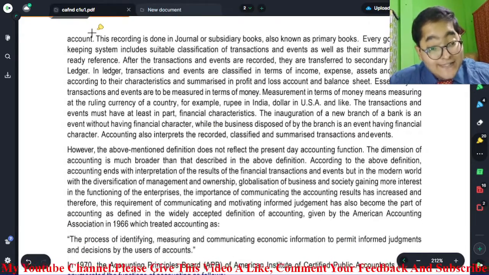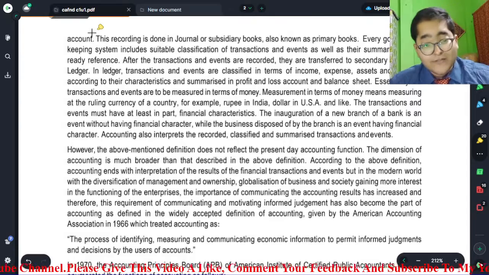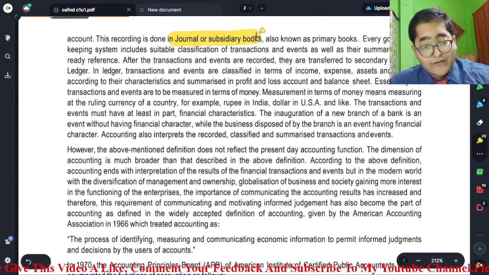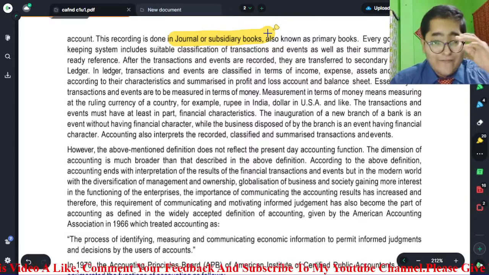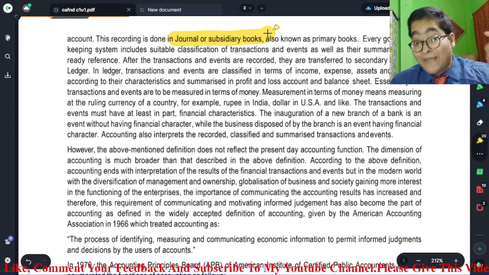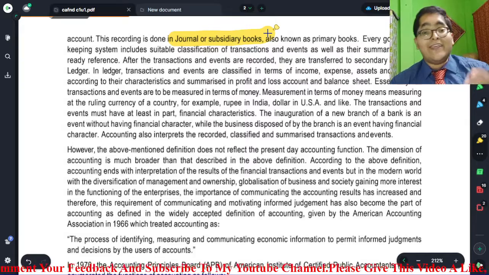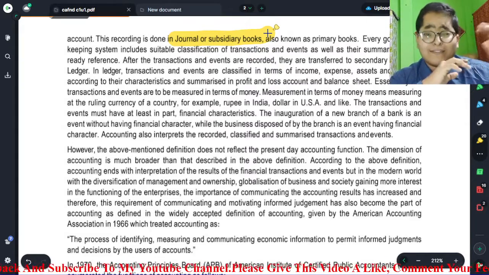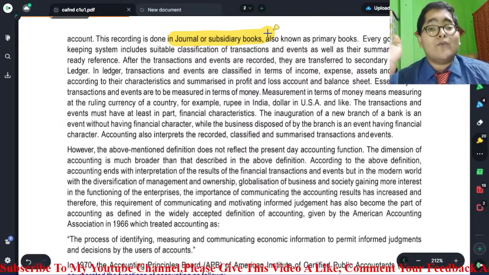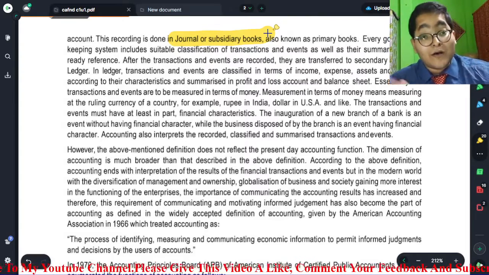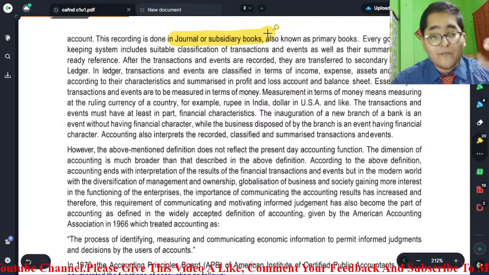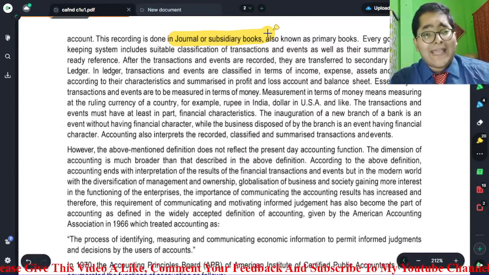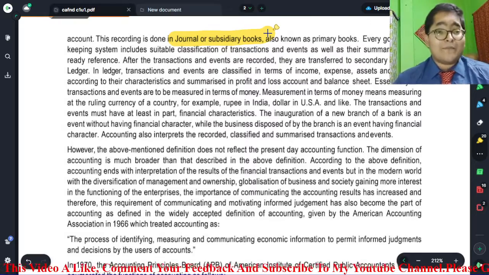So the recording is done in the journal or subsidiary books, which are known as primary books. I think you have already done journal entries in class 11. Journal entries are the basic foundation of accounting. In the journal, you need to record the transactions. To reduce the bulk of the journal book, we prepare subsidiary books such as the cash book, petty cash book, and purchase book.